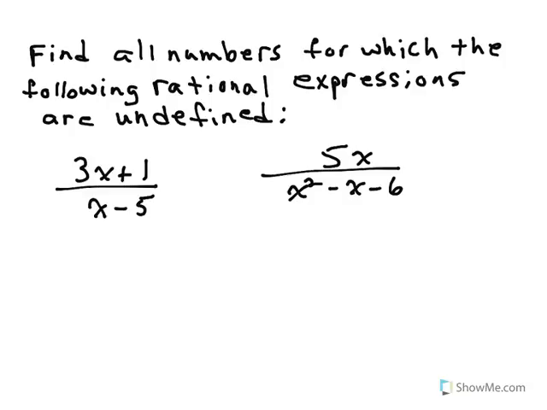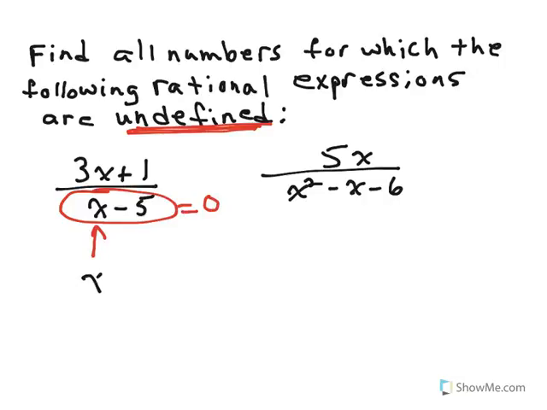Find all numbers for which the following rational expressions are undefined. Remember, undefined means the denominator must equal 0. So looking at our first example, 3x plus 1 over x minus 5, what must x be to cause this denominator to equal 0?